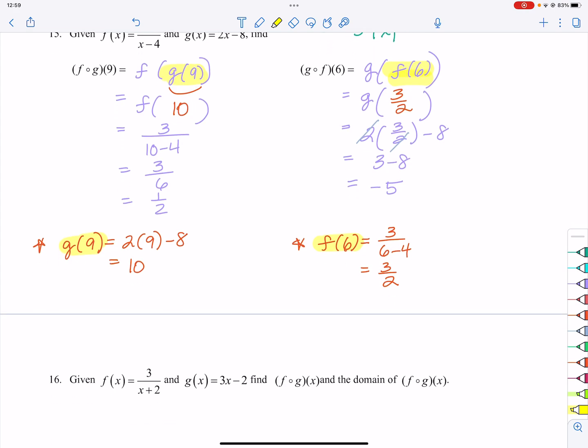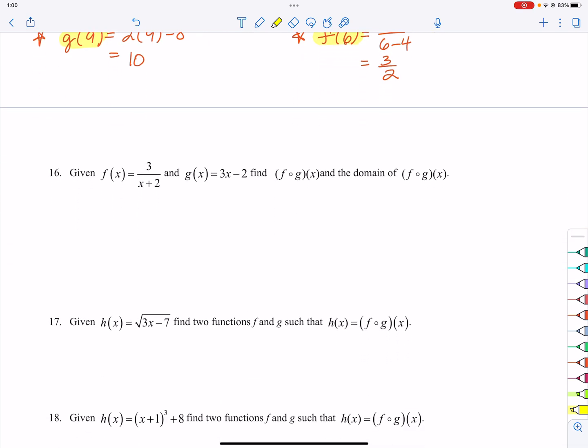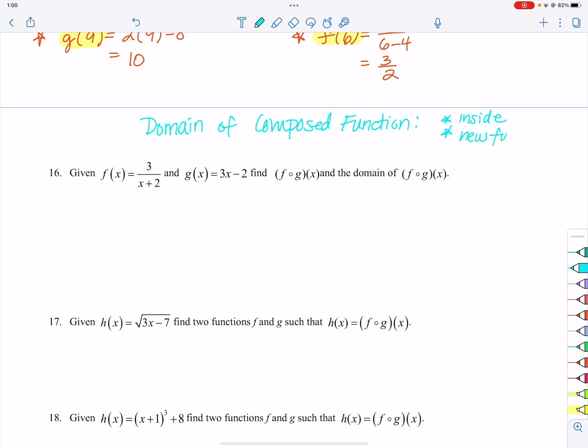Okay, now we're going to talk about the domain and range of these composite functions, okay? And what I always like to do is talk about the inside. So when we're talking about the domain of a composed function, we need to consider the inside function and the new function's domain. Okay?